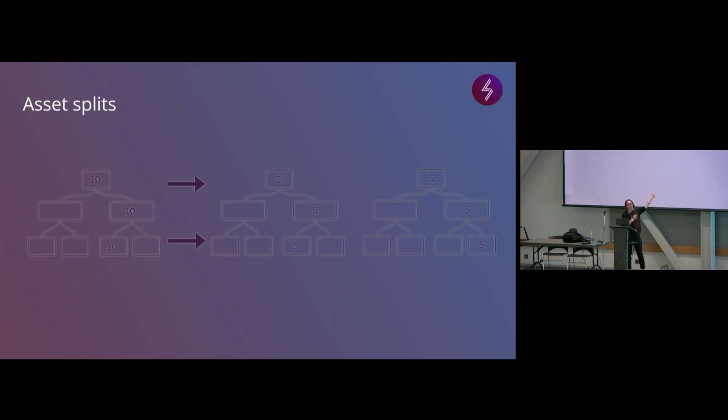Obviously, this is a very simplified and stylized Merkle tree, but she gets a UTXO that has 5 Alice bucks, and Bob gets a UTXO that has 5 Alice bucks. That's called a split. That's the simple sort of transaction, and of course, this happens in an on-chain Taproot transaction.